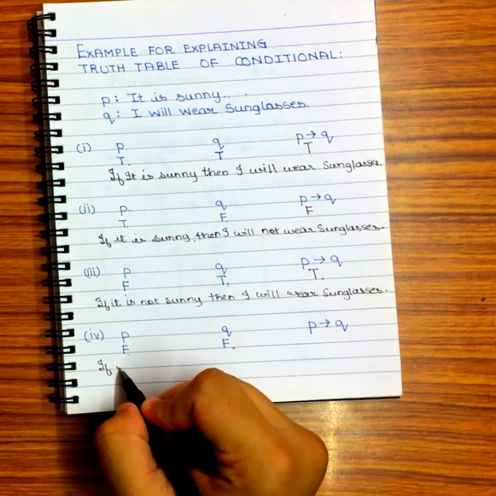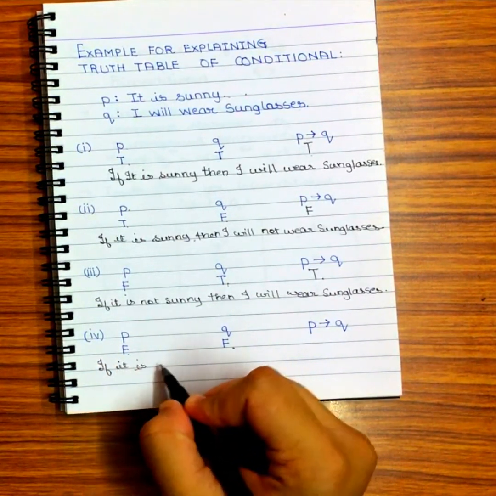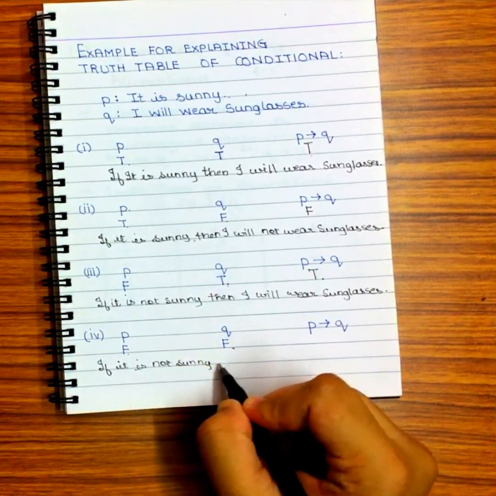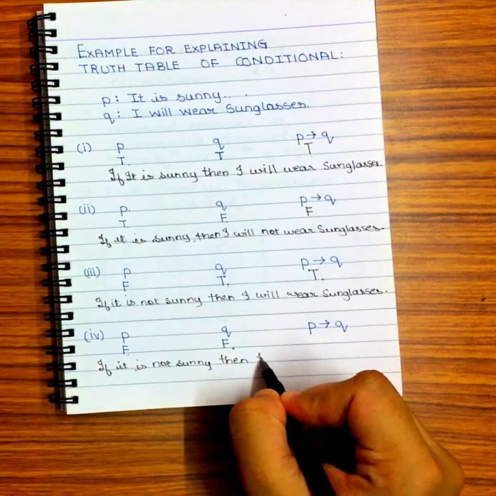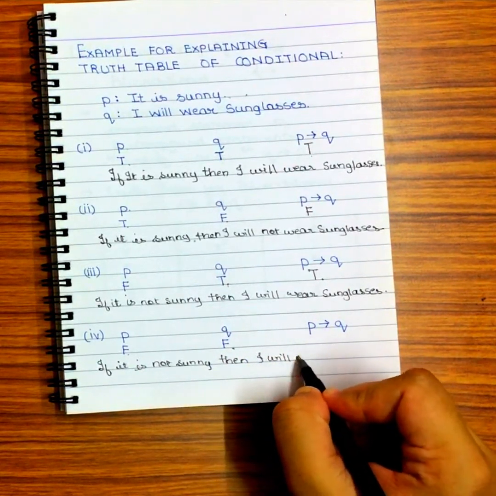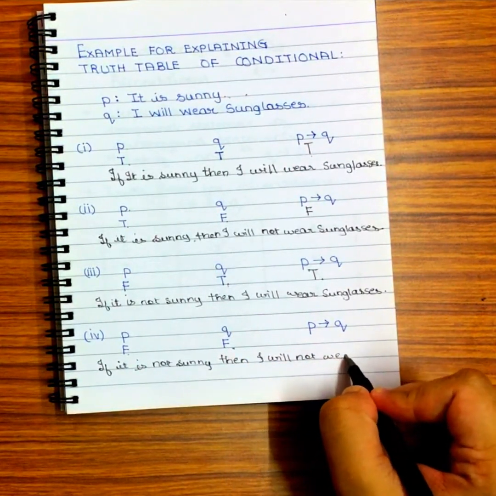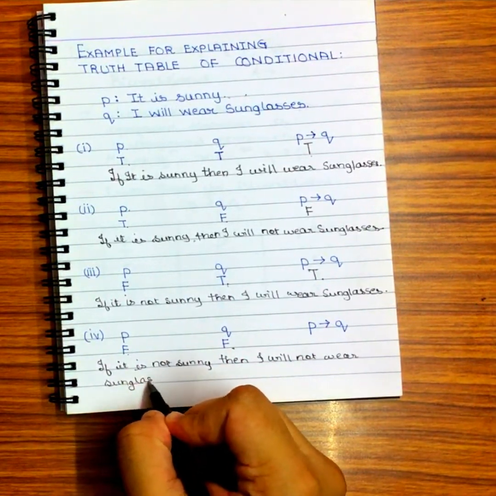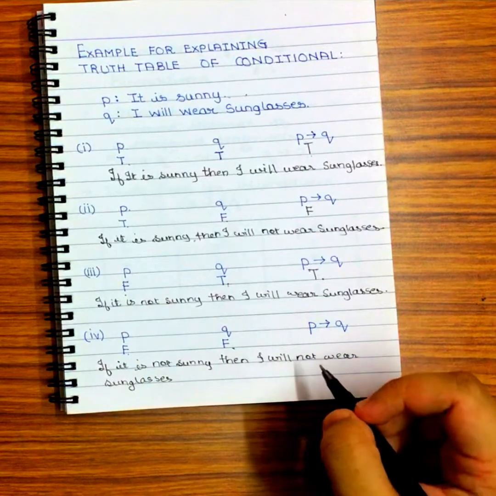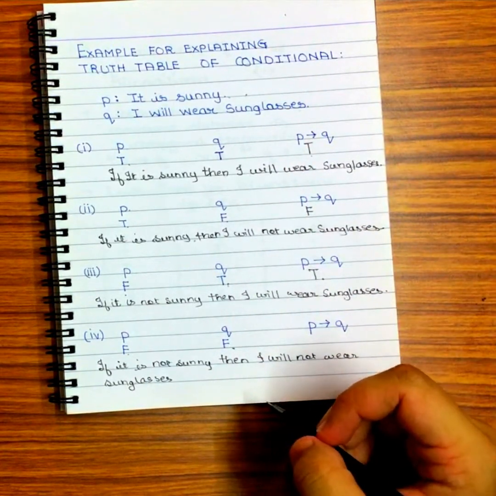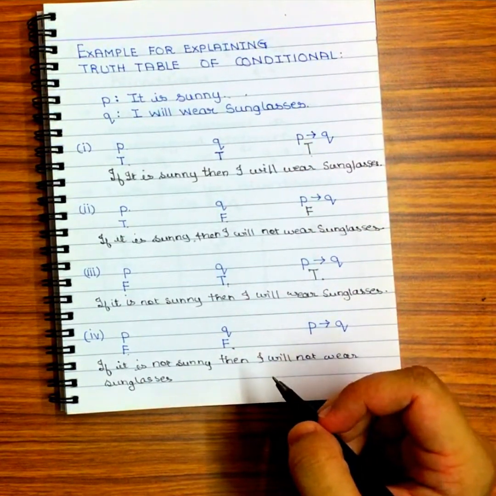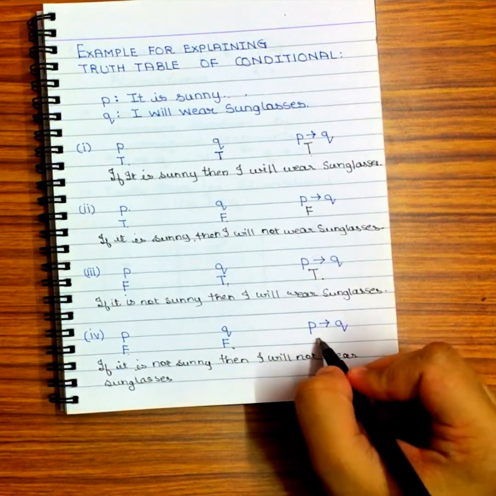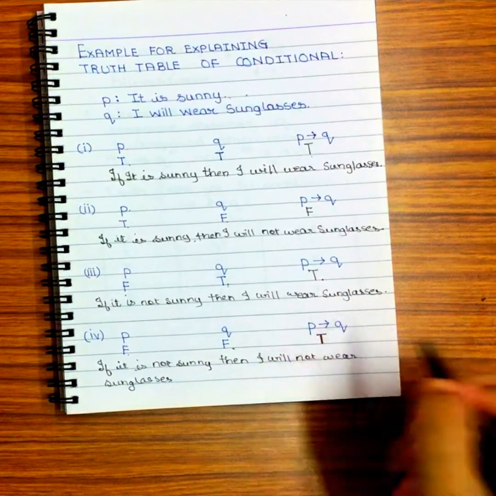So I am writing, if it is not sunny, then I will not wear sunglasses. It is exactly opposite of my original idea, which said that if it is sunny I would wear sunglasses, and here if it is not sunny I will not wear sunglasses. So again my truth value is true.